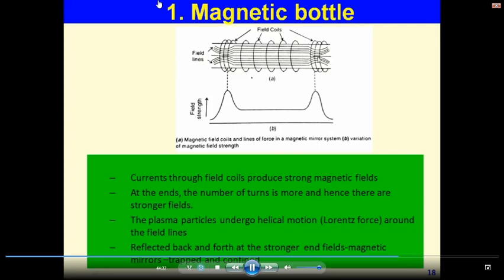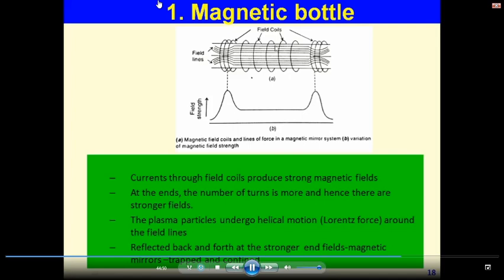The particle cannot go further, so it comes back. If it goes to the right side and finds this higher magnetic field, the helical motion turns to the left side. So it is an oscillatory motion like this. It cannot go beyond these high magnetic field points.